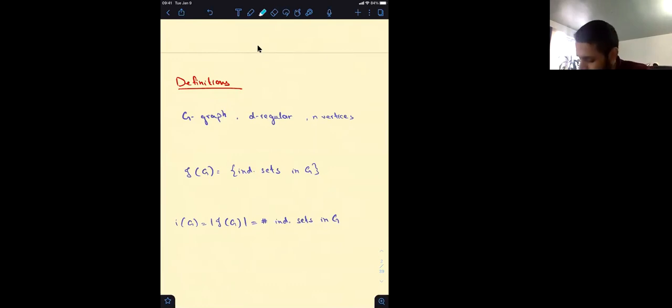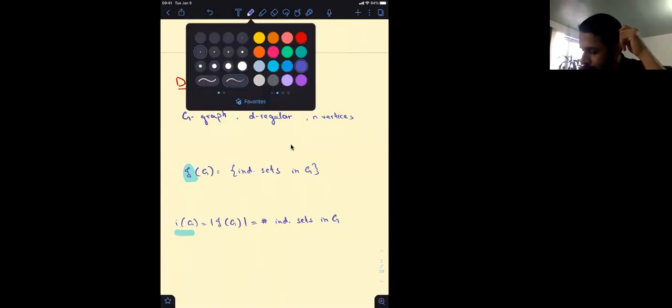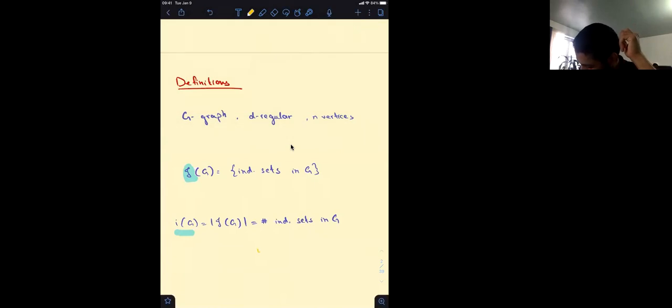And script I(G) is the set of all independent sets in G, and little i(G) is the number of independent sets in G. So the main questions we will be focused on: how big can the number of independent sets be in a graph?